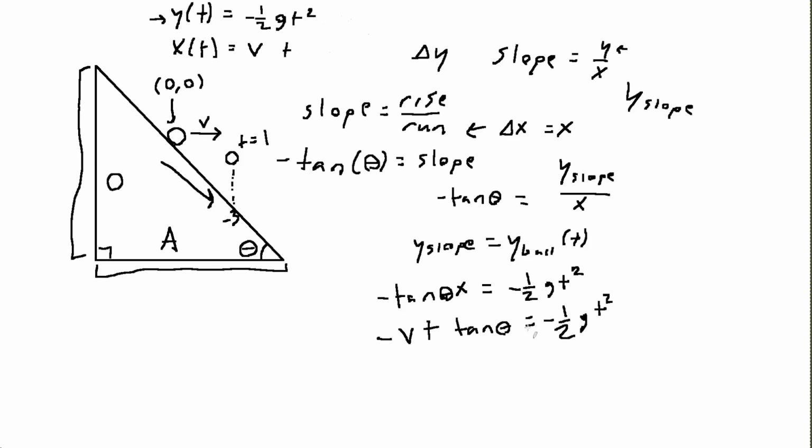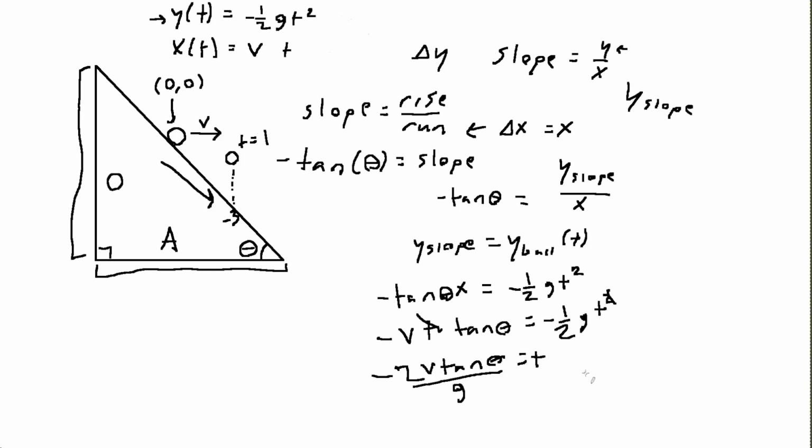Now we just want to solve for t in terms of everything else, and this isn't too bad. We'd cancel out the t here and here, so we're left with just this, and then we move the g and the negative 1/2 over, and the negatives cancel out. So in the end, we're left with negative 2v tan theta over g equals t.